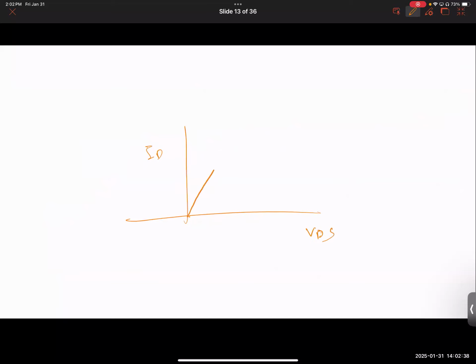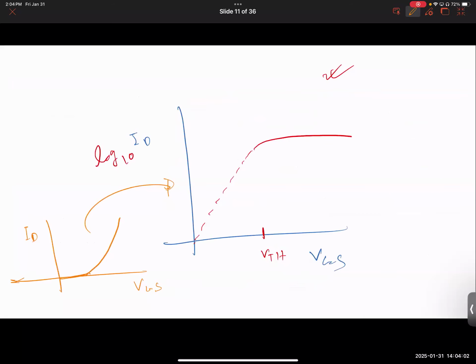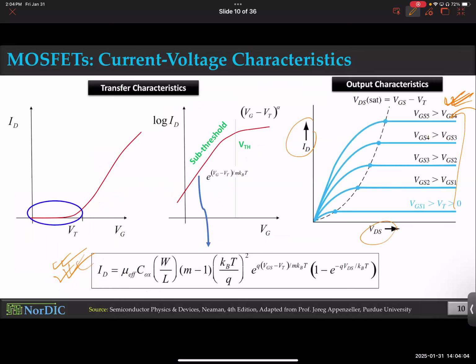Now setting that aside, what does it really look like? It's not really 0, right? These are older textbooks, by the way. So this cutoff mode current will actually be like this. That's why this equation was there. It's so complicated. So essentially, below threshold, a lot of action occurs.